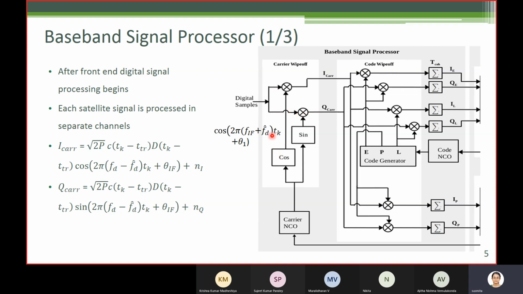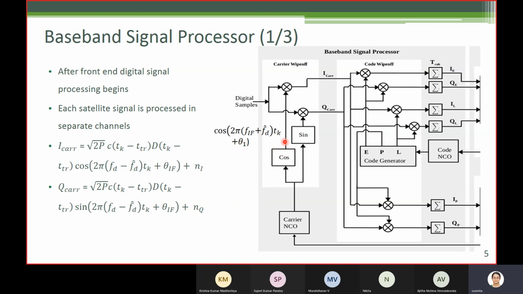Now the other input is generated by the receiver. This is called the replica carrier. You see, cos 2 pi FIF, it is the down converted carrier. In place of FD, we have FD hat, the receiver's knowledge of FD. FD hat is the receiver's estimate of the Doppler frequency times Tk plus some offset.